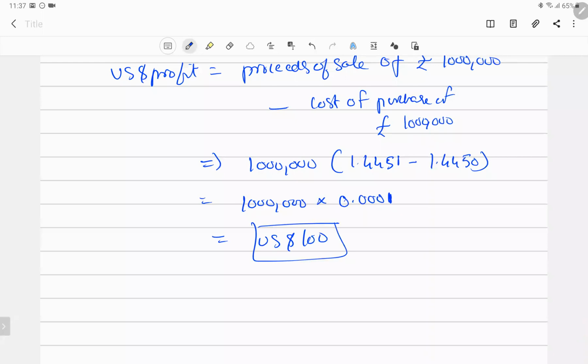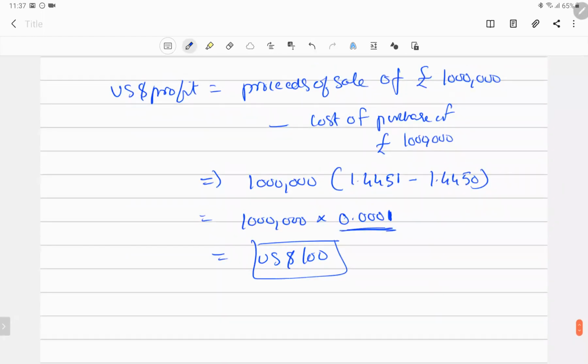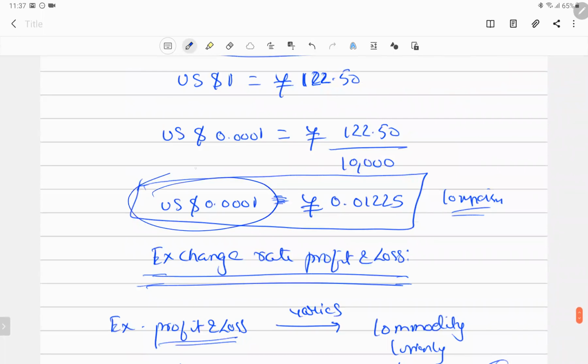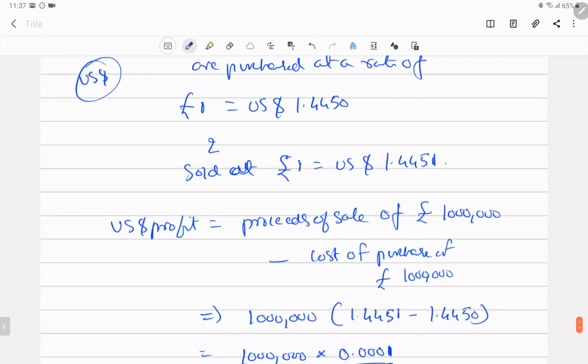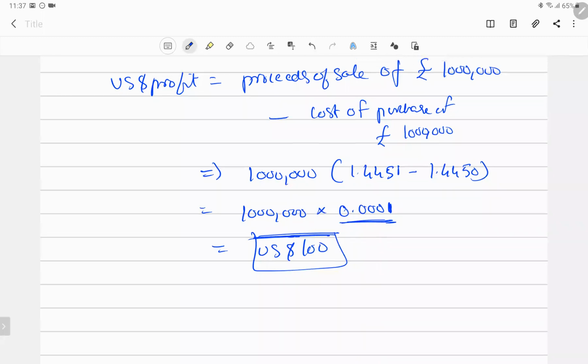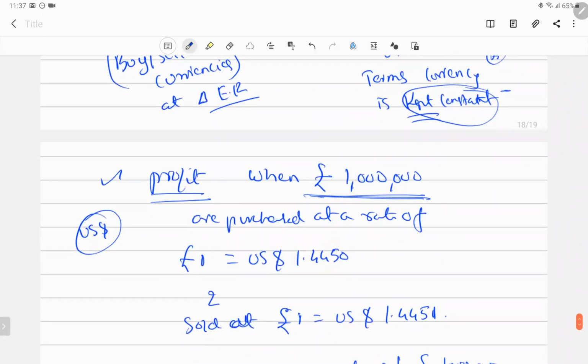So there is a profit of 1 point. So this is nothing but your 1 point. Okay, so here we are seeing, right? So this is your 1 point. Getting the point, what I'm telling you. So for the profit of 1 point, we're getting US $100.